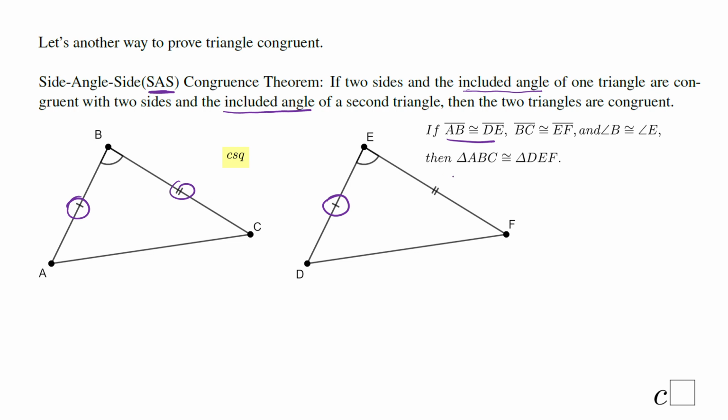BC and EF, you see the second one. Look at here, these two angles are the angle included between these two sides. If we have this pattern, if we have these criteria, then the two triangles are congruent by the SAS congruence theorem.